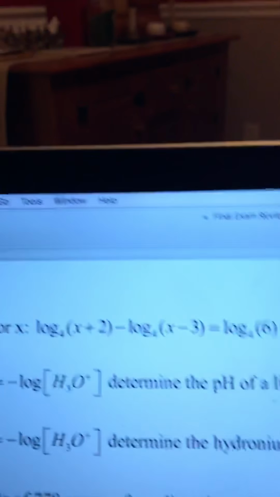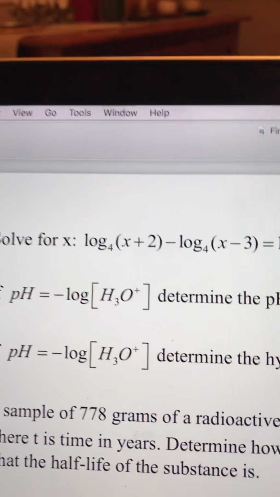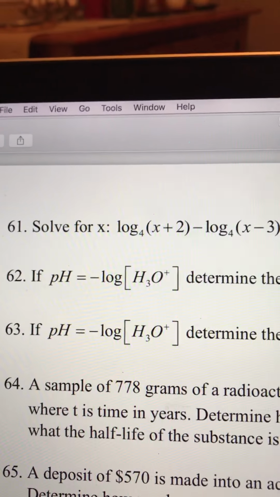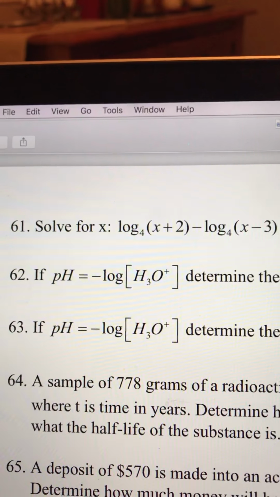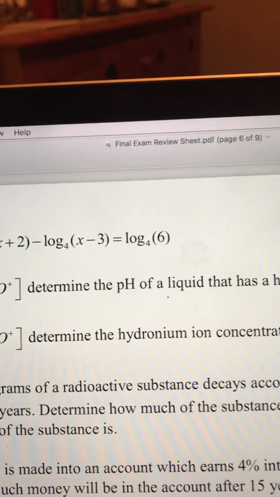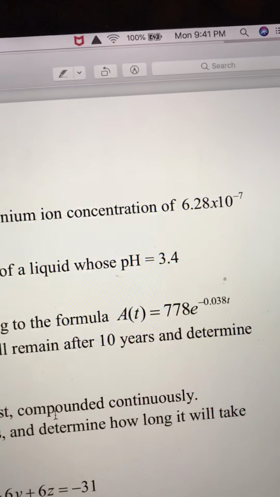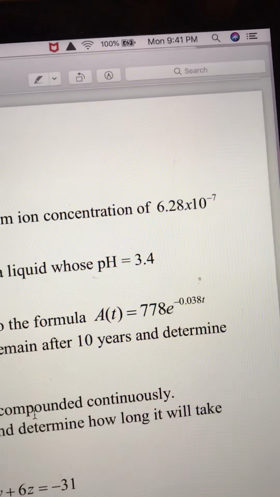Number 62 and 63 are using the pH formula. Negative log of the hydronium ion concentration is how pH is defined. So this first one says determine the pH that has hydronium ion concentration of 6.28 times 10 to the negative 7th.